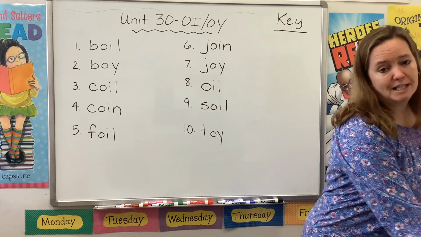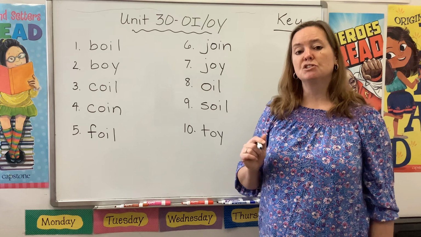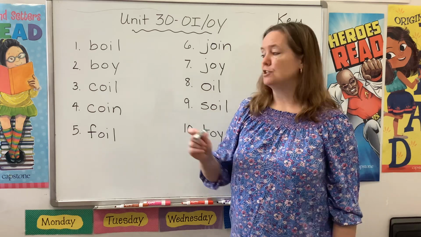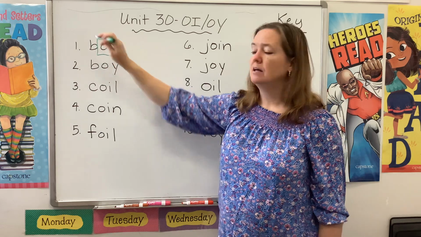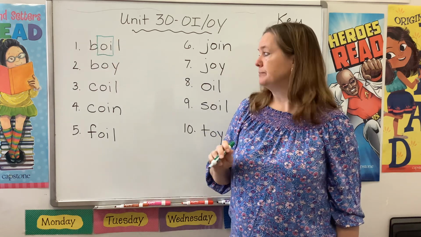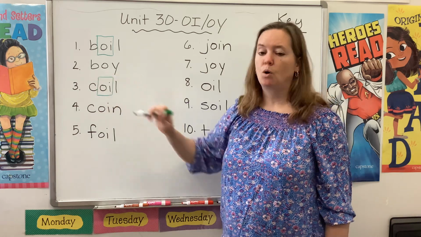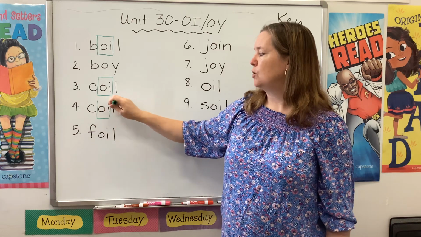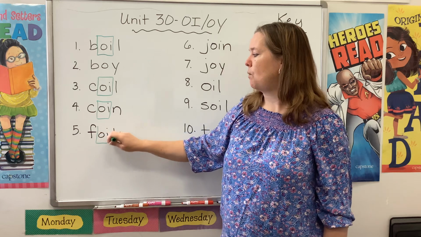Great. So let's choose a color. I'm going to go with green, and we're going to start by putting a box around the OI in each of our words. So here it shows up in the middle of boil. It shows up again in the middle of coil and in the middle of coin and in the middle of foil.